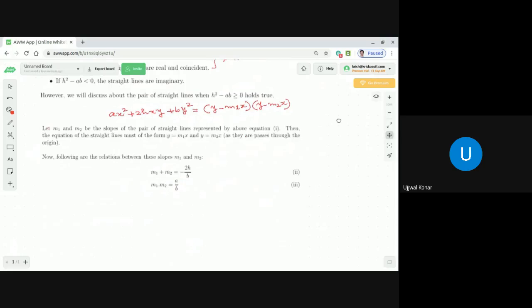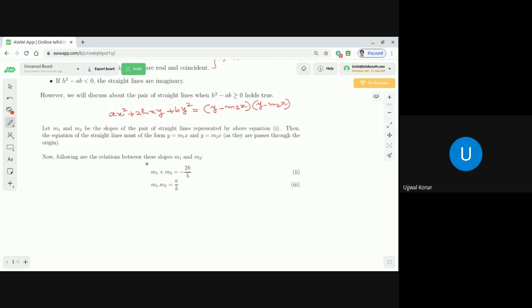If m1 and m2 are the slopes of the pair of straight lines represented by this homogeneous equation of second degree in x and y, then the equations of the straight lines should be of the form y equal to m1x and y equal to m2x. And eventually we will come to these two relationships. First, m1 plus m2 is equal to minus 2h by b, and m1 into m2 is equal to a by b.